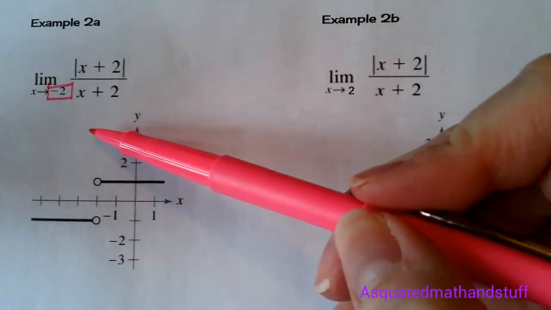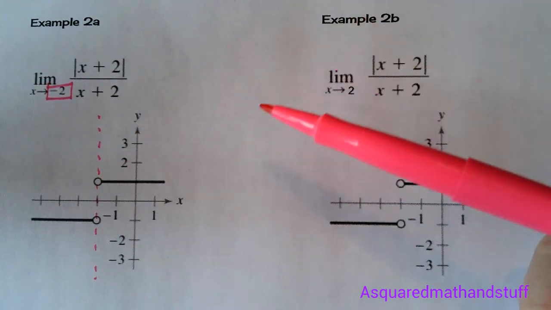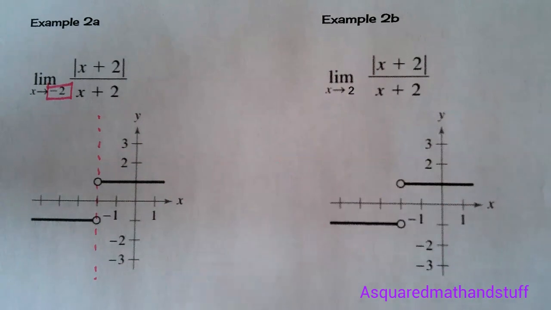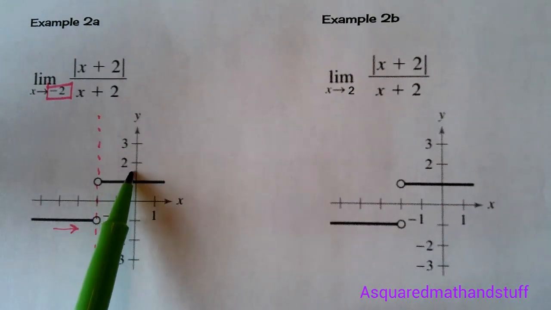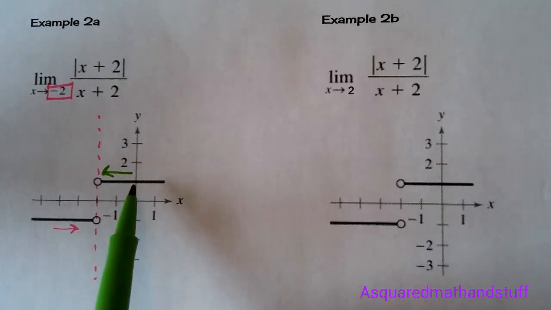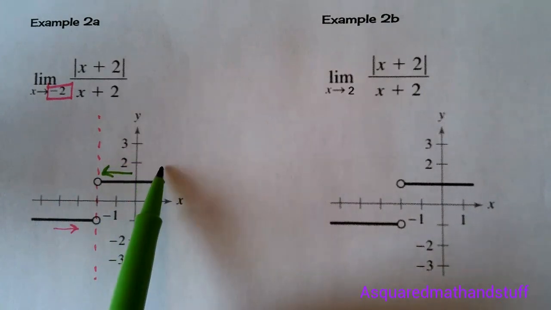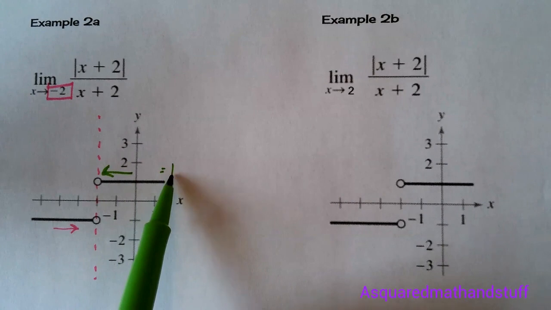So -2, I like to draw these lines so I can remember where I'm looking. As I come in from the left-hand side and as I come in from the right-hand side, do I have the same y value? The answer to that is no, because coming in from the left, the limit is equal to 1.